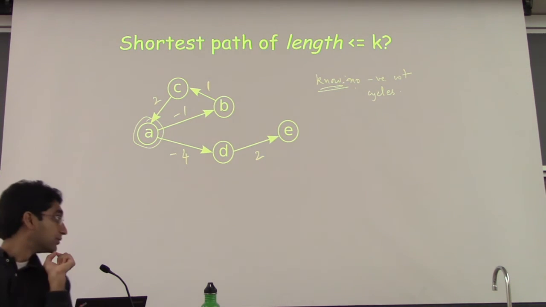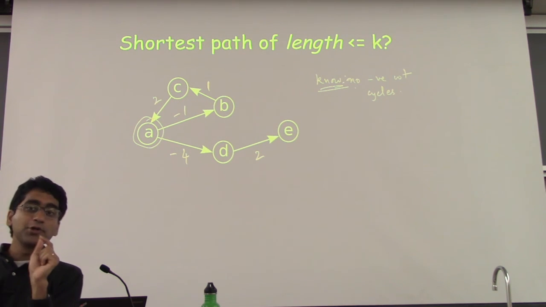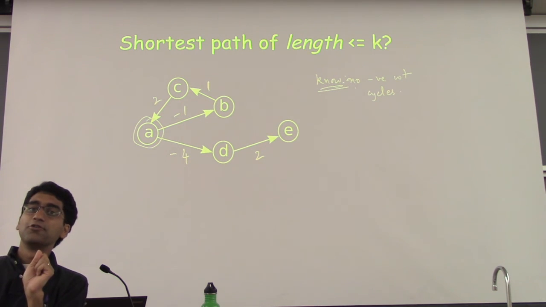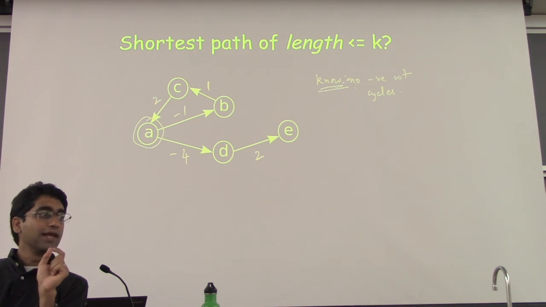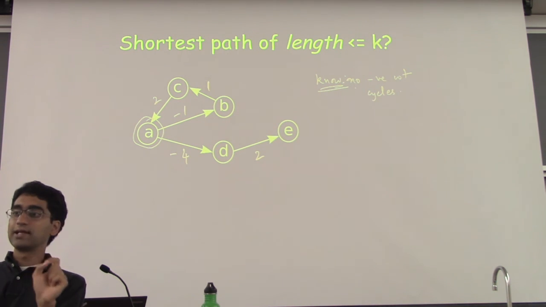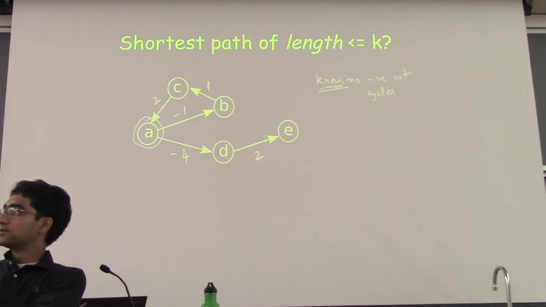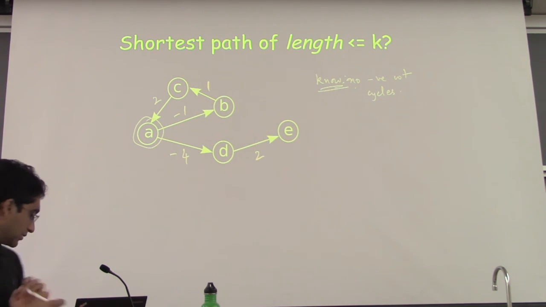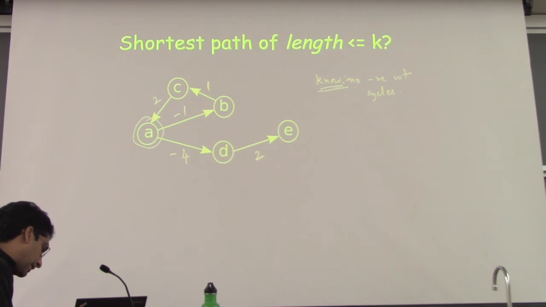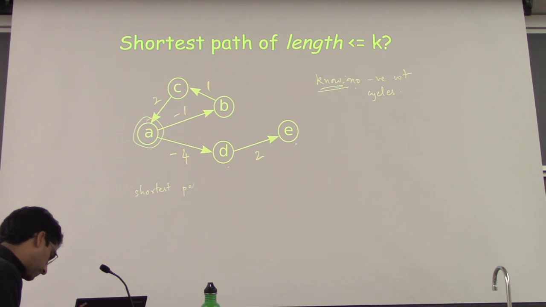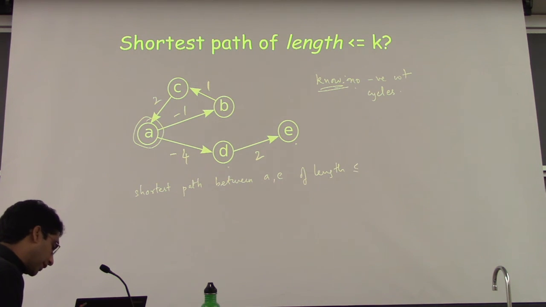Now, before I do this, what I want you to think about is, suppose I tell you, find all shortest paths of length at most k. Length is the number of hops. Suppose I tell you find the shortest path between A and, let's say, E, of length at most 1.